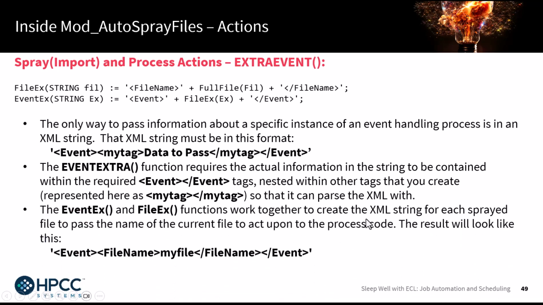These two functions, event EX and file EX, work together to create the XML string for each sprayed file, to pass the name of the current file to act upon to the process code. The result will look like this: the event and the file name, the name of the file inside of the tag, close event, close file name tag.